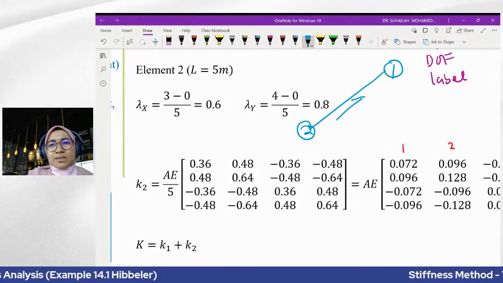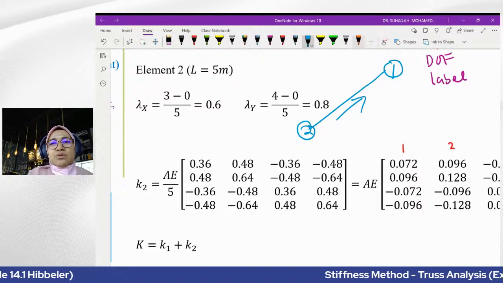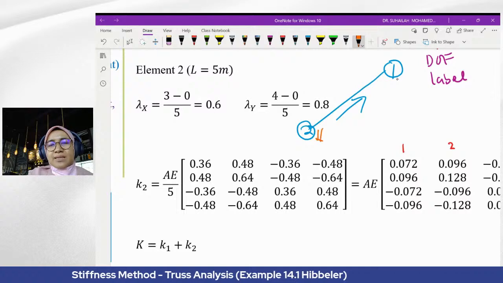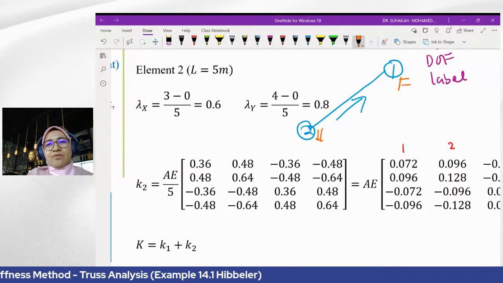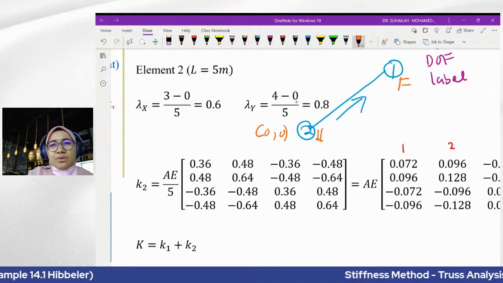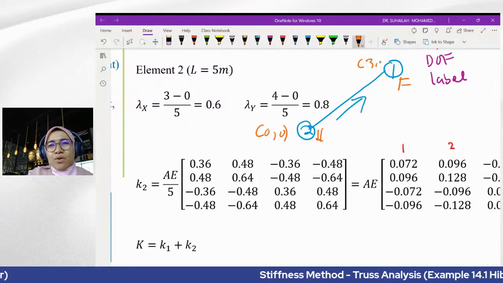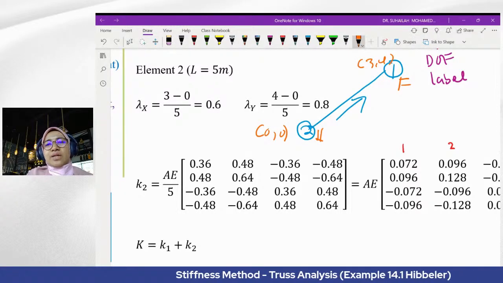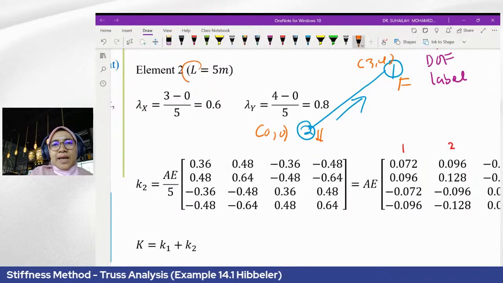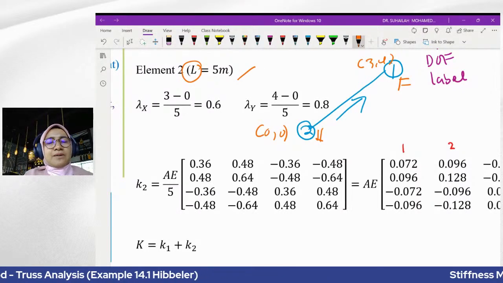The arrow is like this. From the arrow, this is the near end, this is the far end. From the coordinates, this is (0, 0), this is (3, 4). From the coordinates, we can determine the length. So the length is 5 meters.